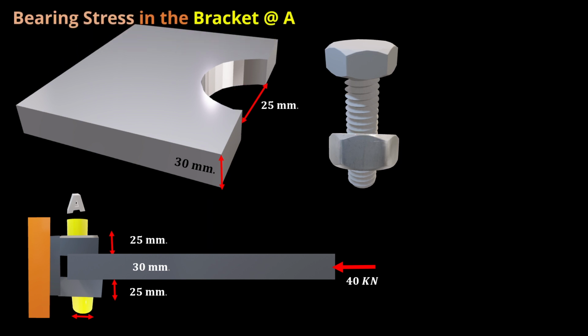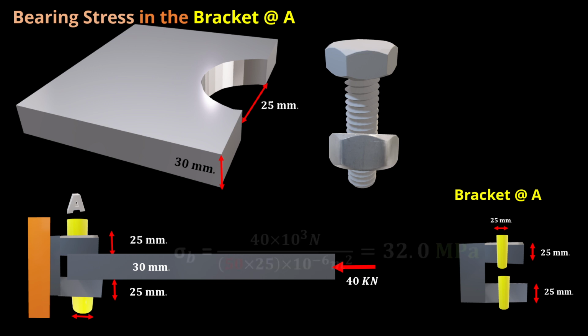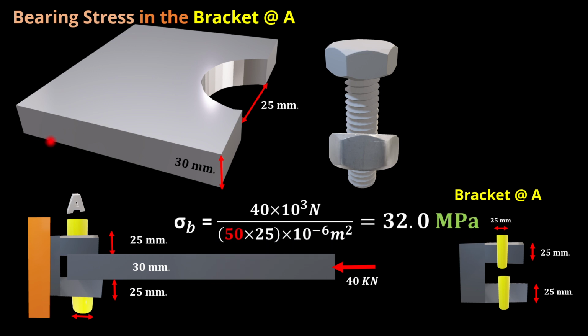But how about the bearing stress in the bracket itself? What about this part? We just considered that for boom AB. Now let's go to the bracket. For the bracket there is the same force, but the cross-sectional area for bearing stress is different, it's 50, which is this thickness and this thickness, where the pin moves inside them, and then the diameter of the bolt, which is 25.